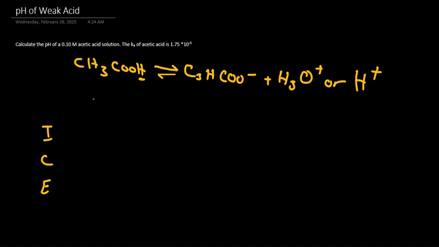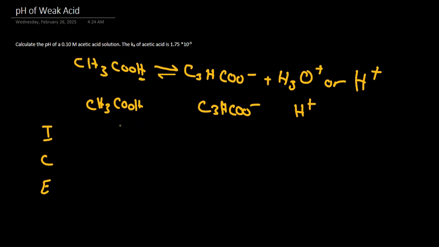You have three species: the acetic acid CH3COOH, which is your reactant; your product, acetate, which we call the conjugate base of the acid, CH3COO minus; and your hydronium, which you can just write as H plus.